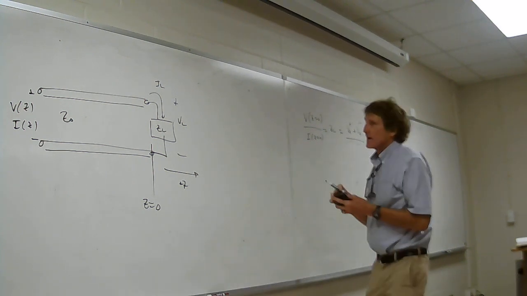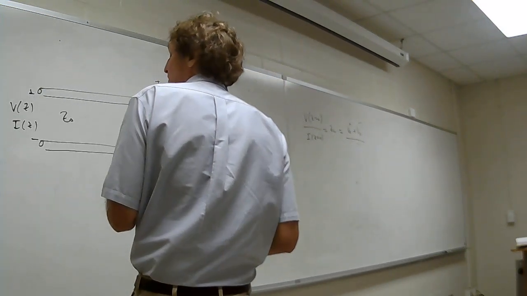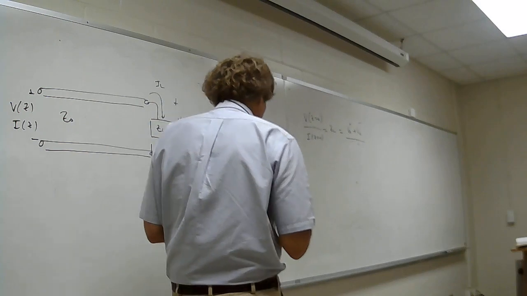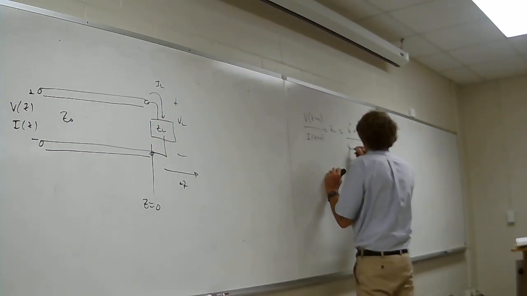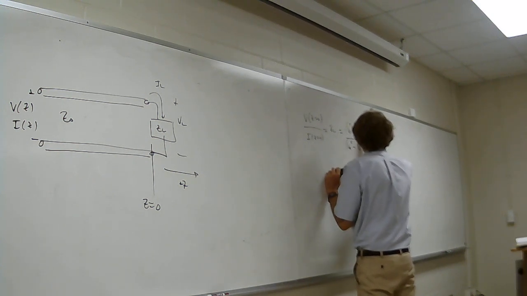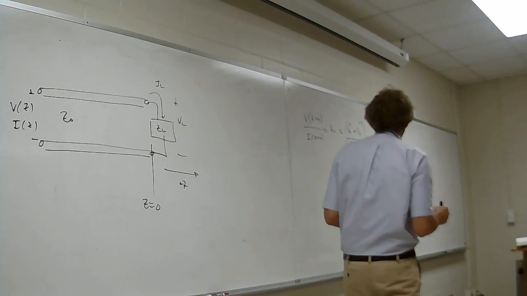I'm going to put in this value. These have V0 plus and minus and Z0 plus. So this is going to be V0 plus plus V0 minus, but this whole thing, if you divide by Z naught, it's like multiplying by Z naught plus here. Are you with me, class?